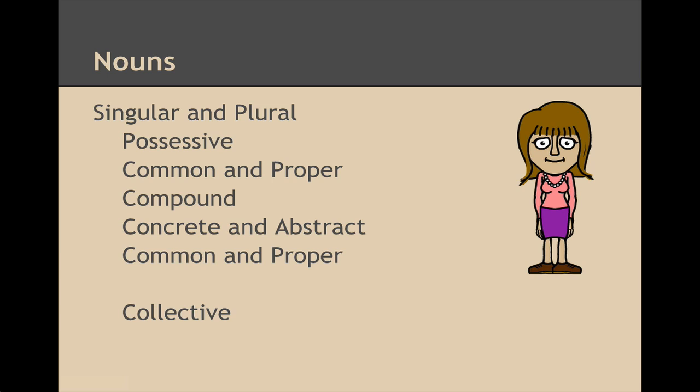Page 97, collective nouns. And the interesting thing about collective nouns is that they can be talking about something in the singular sense or in the plural sense. So you, as a writer, need to decide how you mean that noun.